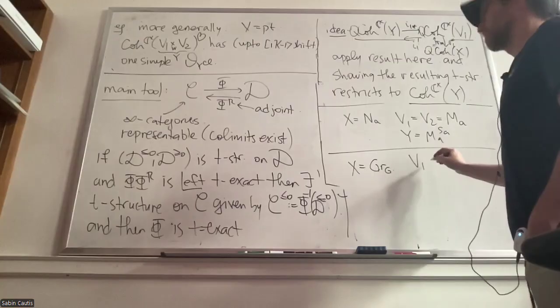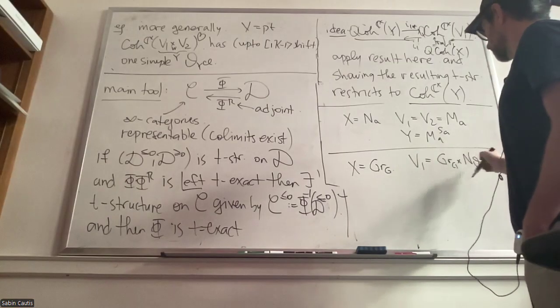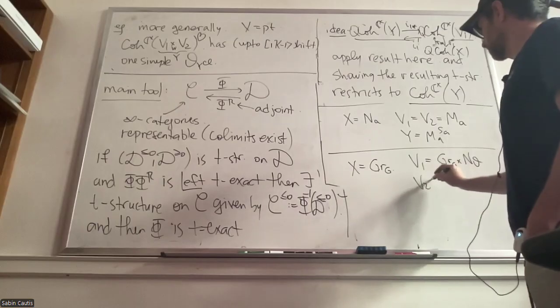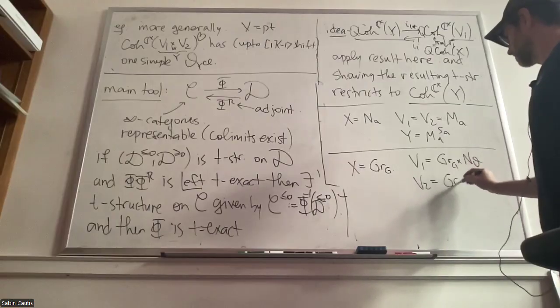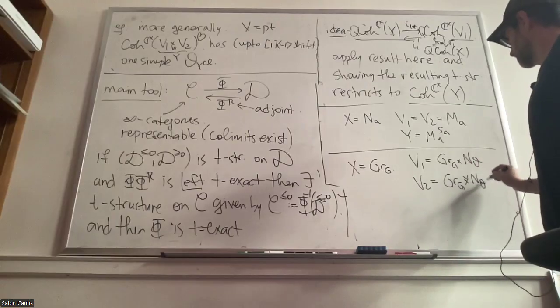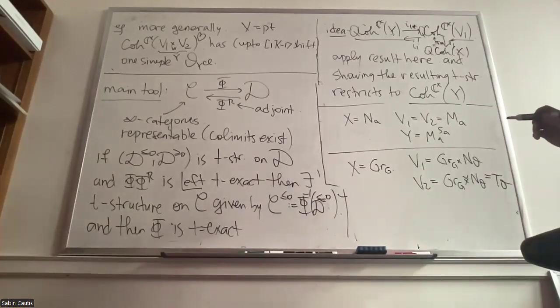V1 would be something like the affine Grassmannian cross NO, and V2 would be this twisted affine Grassmannian cross NO, sometimes written TO, if you're familiar with the notation.